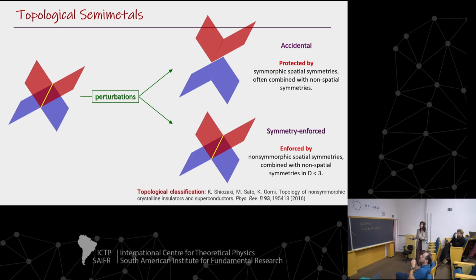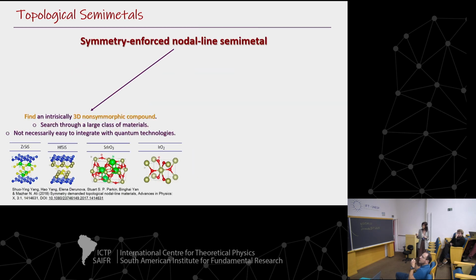And for a very comprehensive topological classification of this kind of band degeneracies, I'm citing here this very important paper. But moving on to the idea of this talk. If you want to have a nodal-line semimetal in which the nodal line is symmetry enforced, you can just go and find a non-symmorphic material.